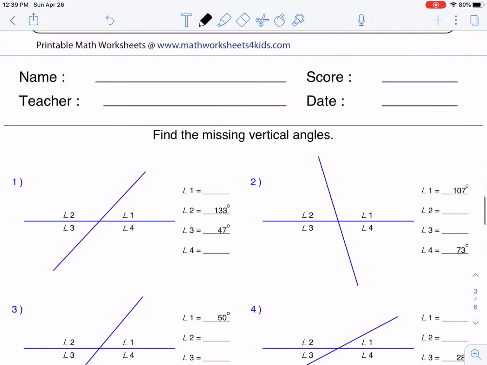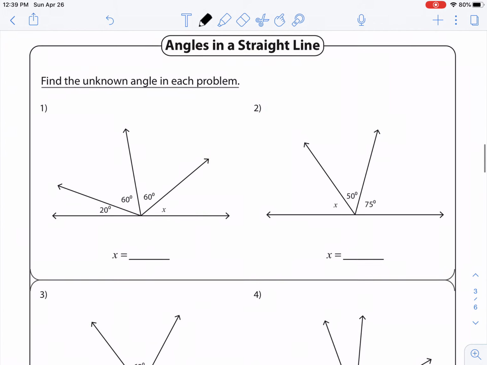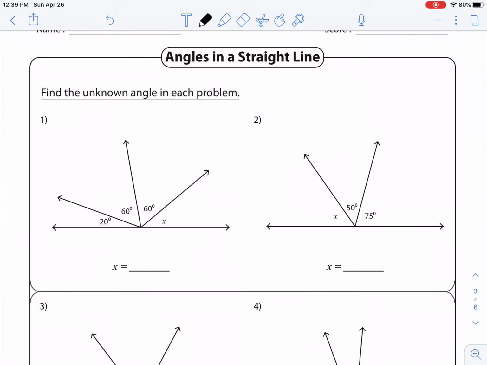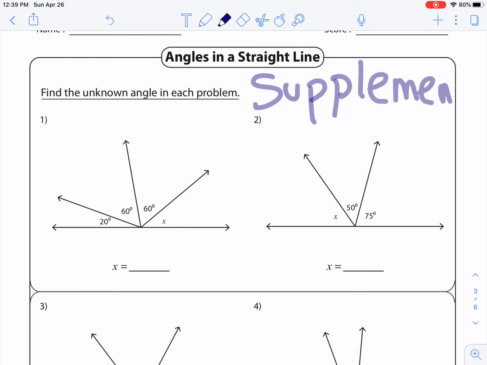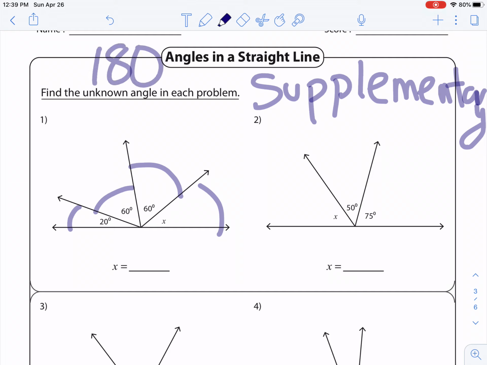I want to go back up here to the top and look at this first one. It says angles in a straight line. So angles in a straight line are called supplementary. Oh no, I'm running out of space. So that means that 20 plus 60 plus 60 plus x has to equal how much? 180 degrees.